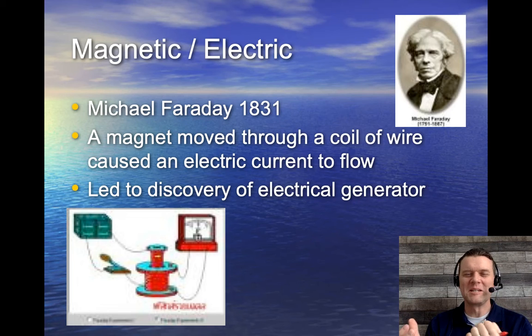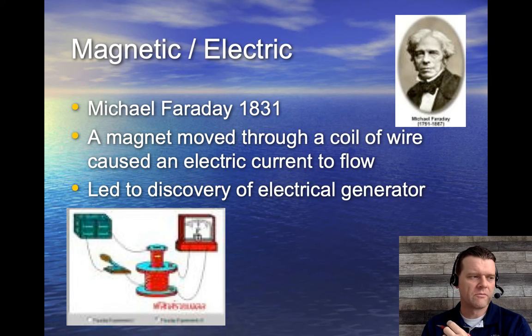It's so simple. It's actually really amazing how easy it is to generate electricity. But Michael Faraday figured this out, and as a result, it quickly led to the electric generator and then also the electric motor, which we're going to talk about in a little bit. So that's a quick overview of electrical and magnetic energy, really.